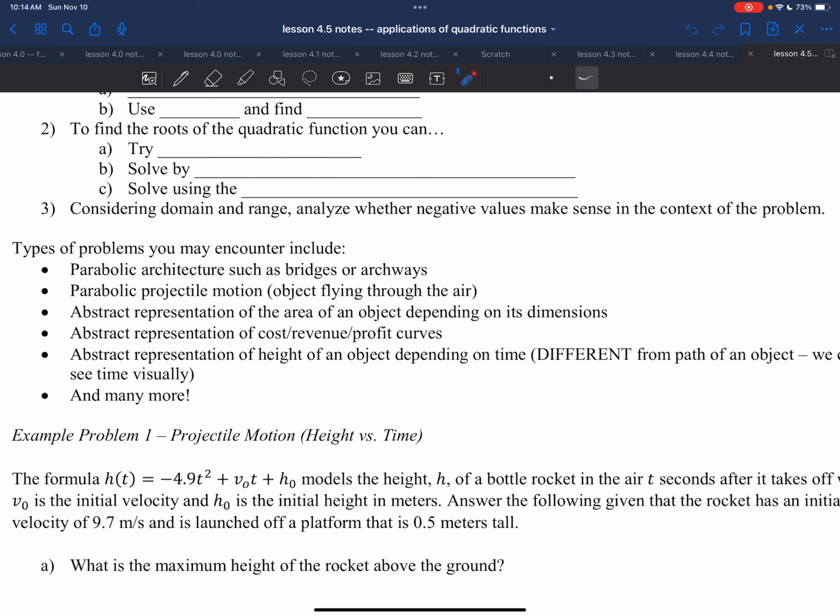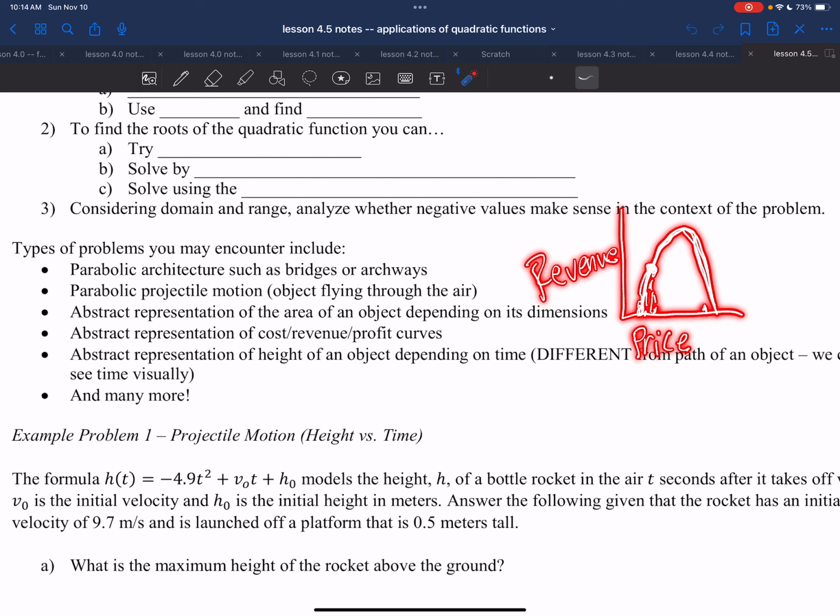But we can also use parabolas in an abstract way, and maybe you can read those. But an example of what I mean by abstract is perhaps I'm selling an item for some price and I generate revenue based off that price. Sometimes, it's not always true, but sometimes a parabola might model the revenue function, right? So like if I sell it for really cheap, right? I don't make a lot of money.